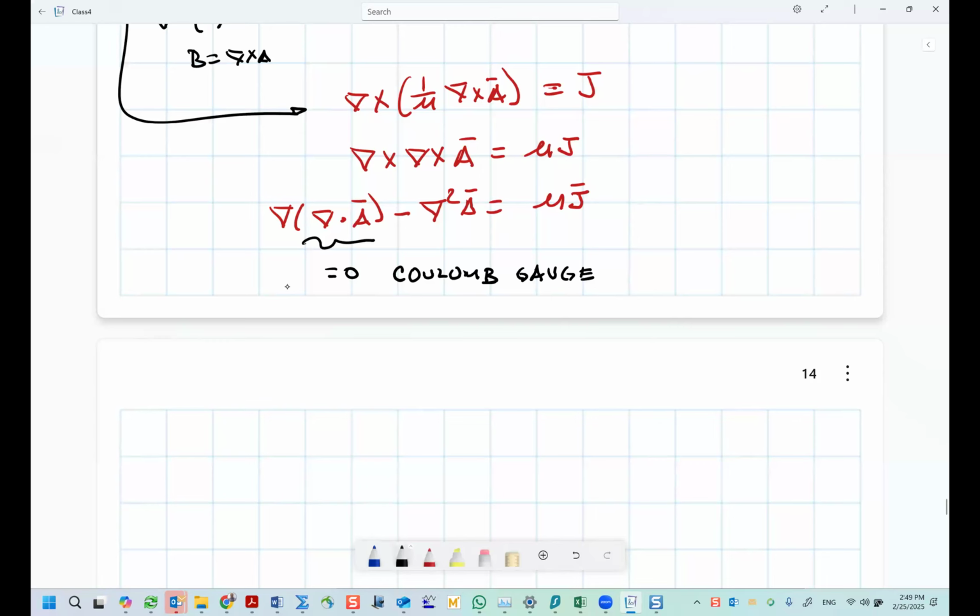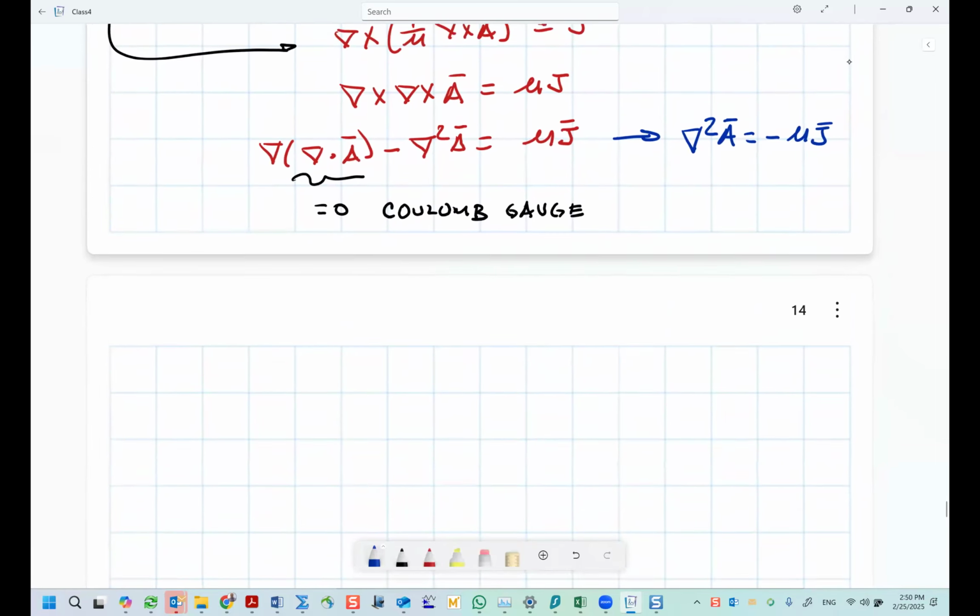So what happens there is that you get the Laplacian of A is equal to minus mu J. Okay, so this is a vector. So what is the power of this equation?